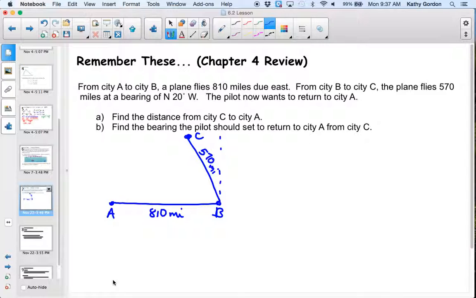Okay? And so then it says the pilot now wants to return to city A, and we're supposed to find the distance and the bearing that the pilot should set. Okay? So if we know that this right here is 20 degrees, then what's this got to be?